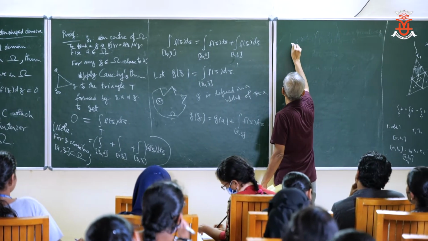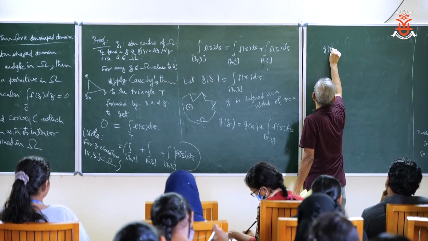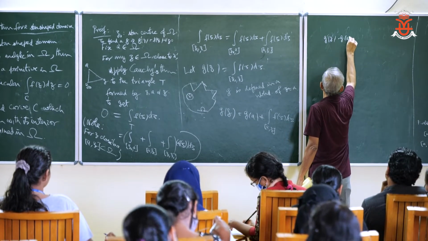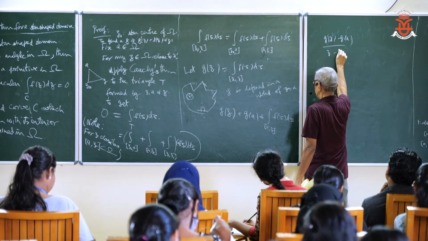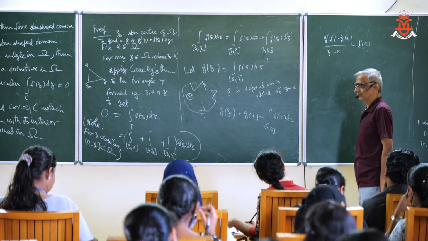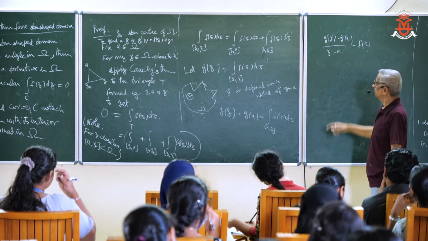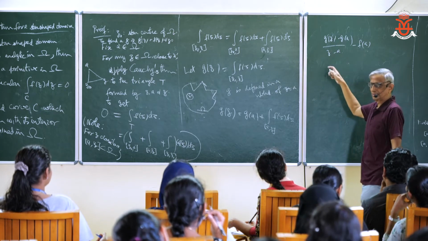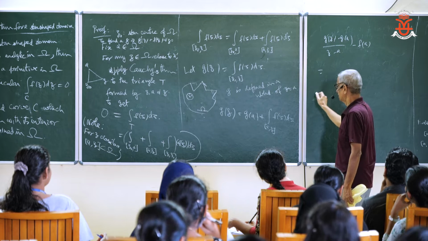So what is (g(z) minus g(a)) over (z minus a) minus f(a)? This is what we are interested in, right? We want to show that the limit of this is this. So what is this?